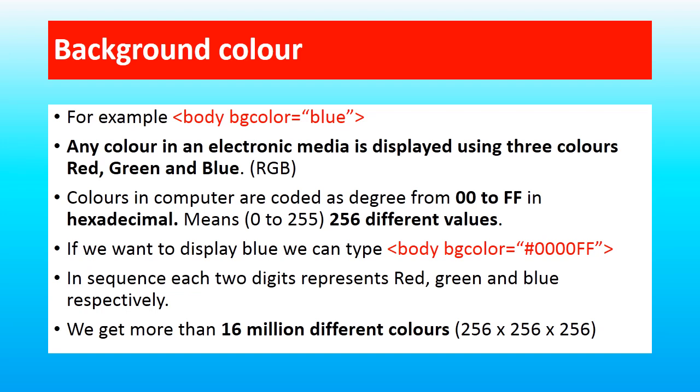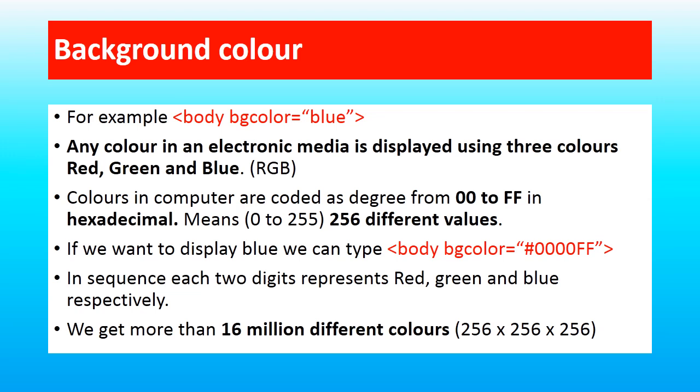Whatever we are seeing on the monitor, images, menu bar, desktop background, anything, is formed only with the help of these three colors R, G and B. Now colors in a computer are coded as values from 00 to FF in hexadecimal.